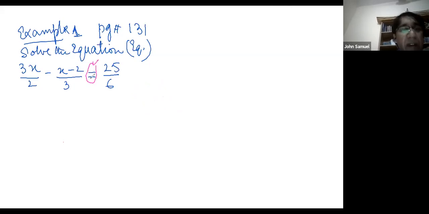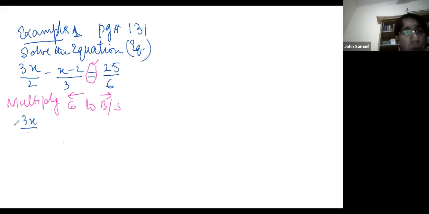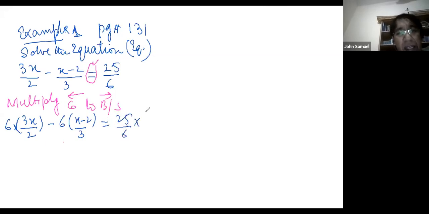Since there are two sides, one side here and the other there, you will write multiplying 6 to both sides. Multiplying 6 to both sides: 3x upon 2 into 6, or you can write it in brackets as well. Similarly here, 6 times (x minus 2 over 3) is equal to 25 over 6 times 6. Hope you are getting it.